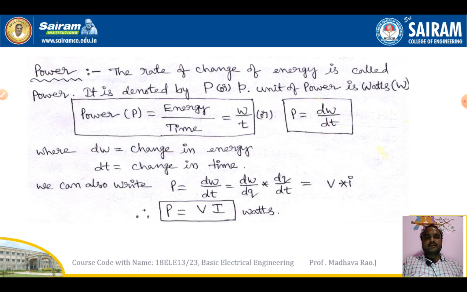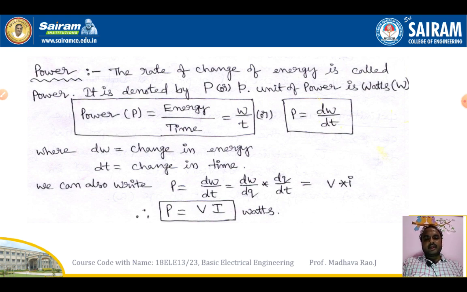Next one, power. What is the definition of power? The rate of change of energy is called power. It is denoted by P. The unit of power is watts. So power is equal to energy by time, P is equal to dW by dt, where dW is the change in energy and dt is the change in time.